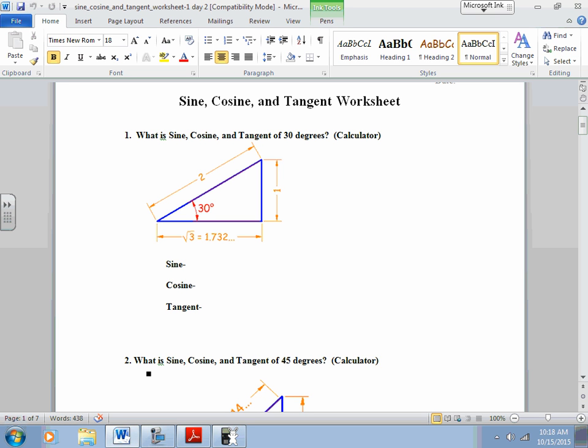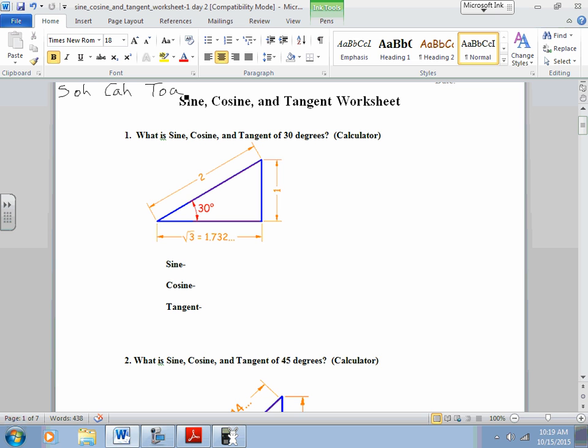All right, so here we go. I already did SOH CAH TOA, but do me a favor. You gotta get in the habit of writing it, and the reason why is you guys are going to use that to help write an equation.